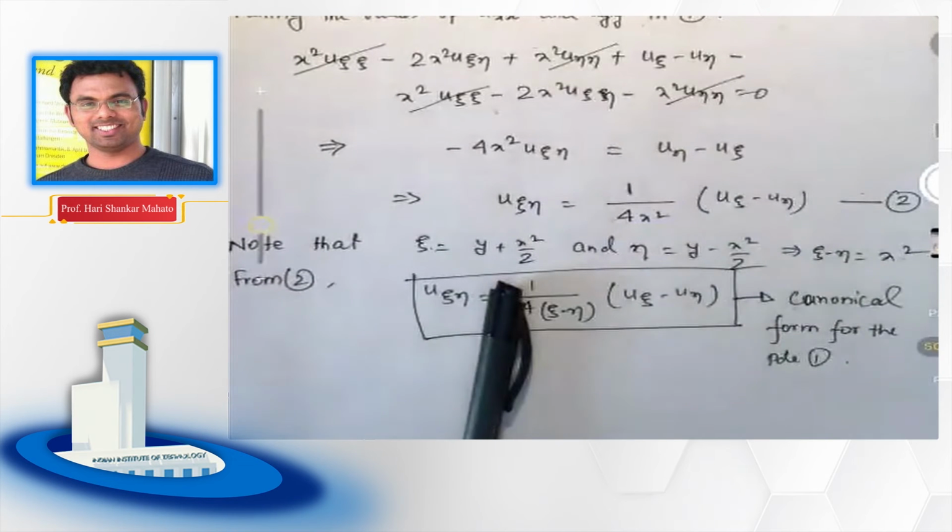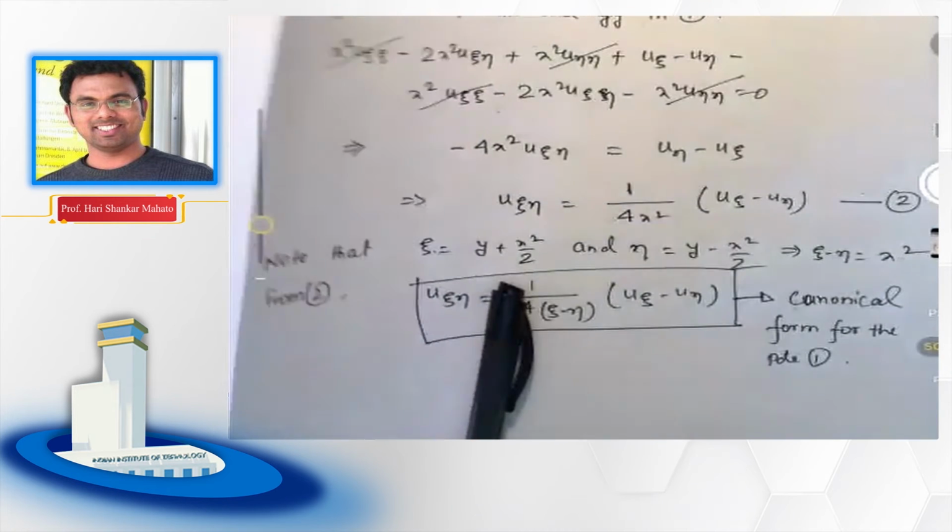Now, if the roots are distinct, because you have a hyperbolic PDE, the roots will be distinct. Then you calculate your xi and eta by taking dy/dx plus lambda 1 equals 0 and dy/dx plus lambda 2 equals 0. They will give you two characteristics, xi and eta. Now you found your xi and eta, then transform, first of all, see what partial derivatives you need from your given equation.